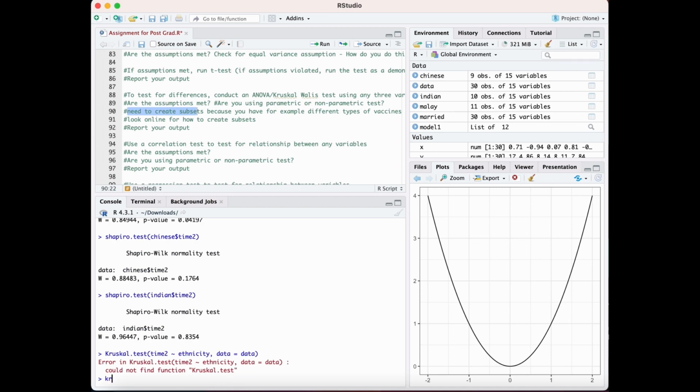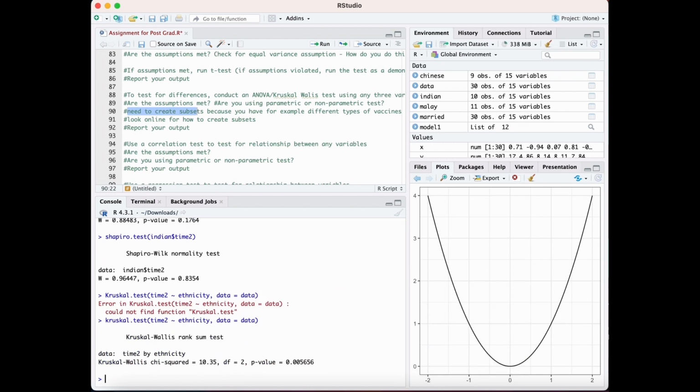Oh, Kruskal test, time 2, ethnicity, data is equal to data. Right. So the Kruskal test of ethnicity by time, the p-value is 0.005, meaning that it is significant.